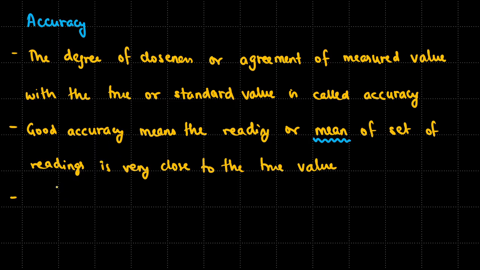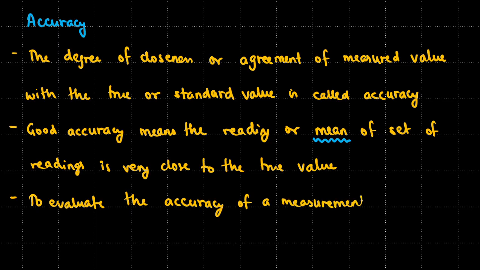Another point: to evaluate the accuracy of a measurement, it must be compared to the true value. So in order to check for accuracy, you must know the true value.